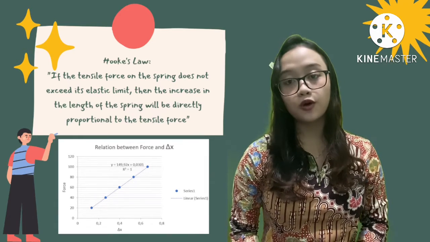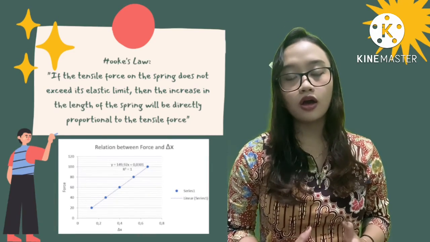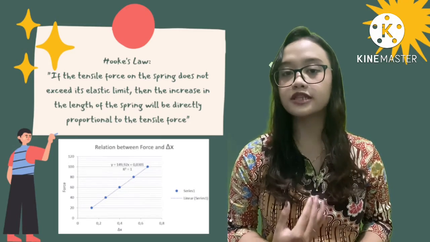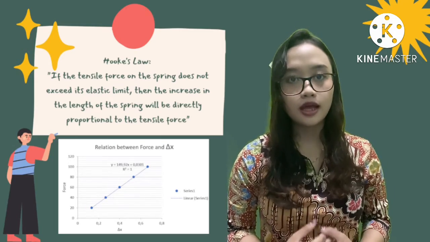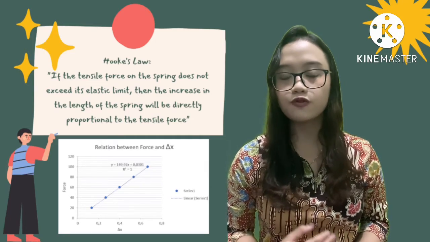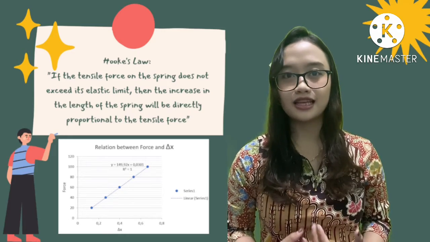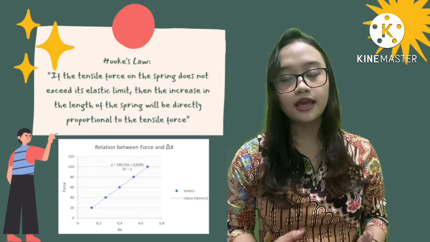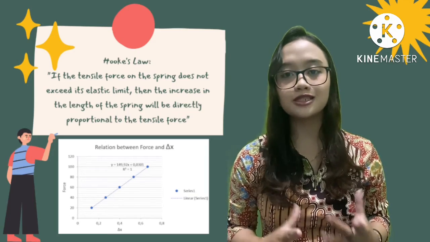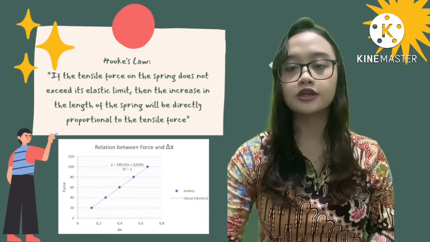Okay, so if the mathematical equation of Hooke's law is combined into a statement, we can know that Hooke's law says if the tensile force on the spring does not exceed its elastic limit, then the increase in the length of the spring will be directly proportional to the tensile force.